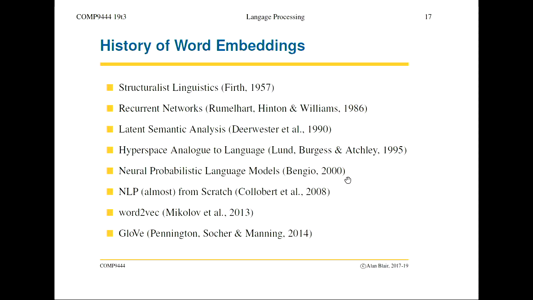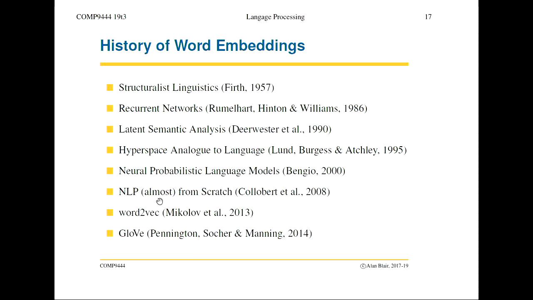And this is an idea that has a long evolution. So like I said, the 1950s, we talked about the recurrent networks in the 1980s. In the 1990s, this appeared as latent semantic analysis and hyperspace analog of language. And then you get language models involving recurrent networks starting in 2000, and eventually Word2Vec and GloVe.